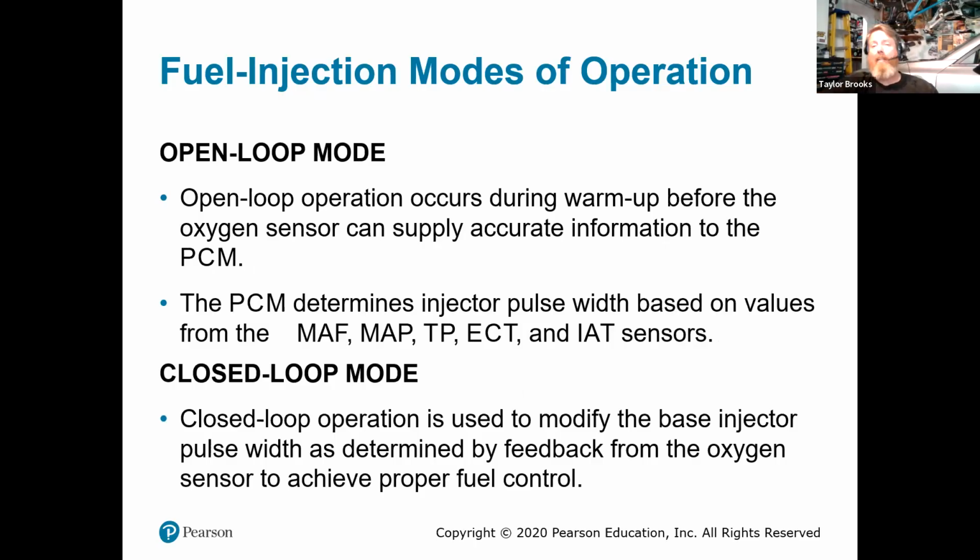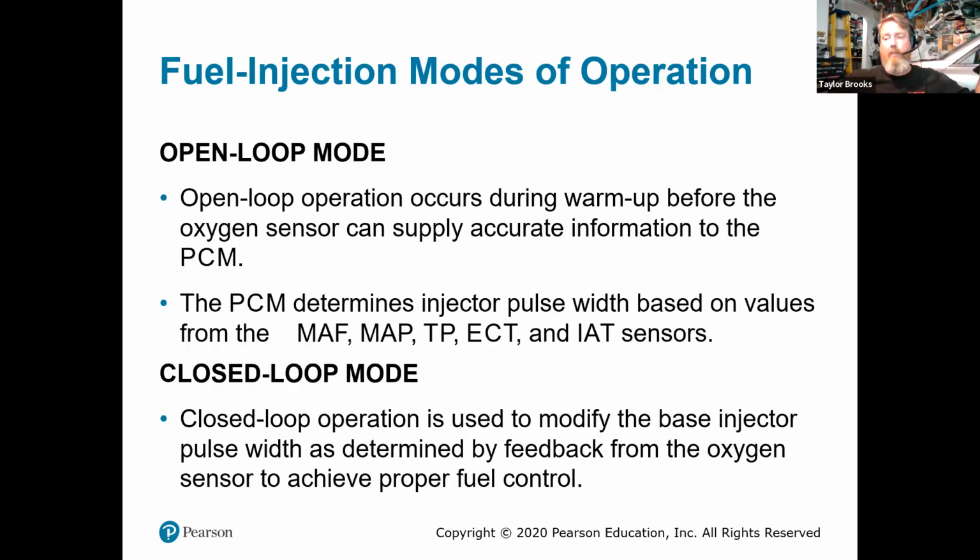Now, ideally, an engine is going to try to get to operating temperature as soon as possible so that we can go into closed loop operation. Closed loop operation modifies the pulse width of the fuel injectors based off of inputs from the oxygen sensors, when the oxygen sensors have come fully up to temp. Prior to that, when the engine is cold, we're going to be in what's known as open loop mode.